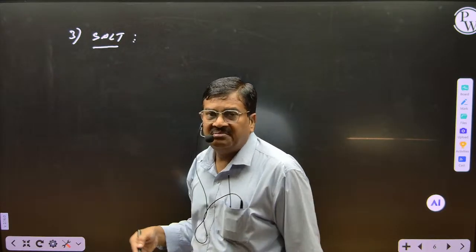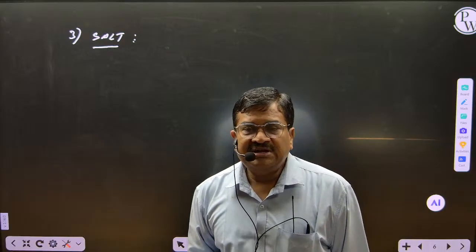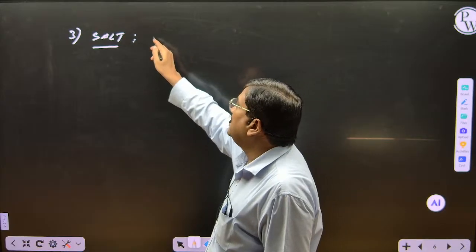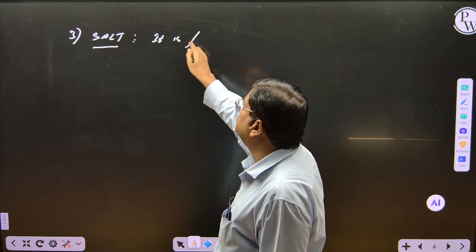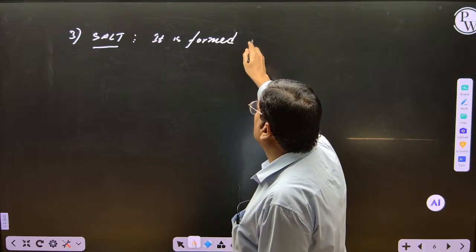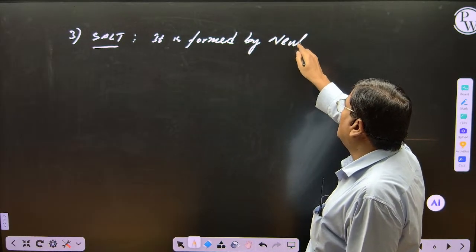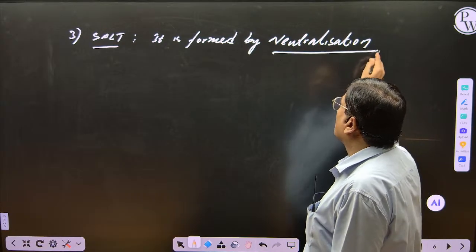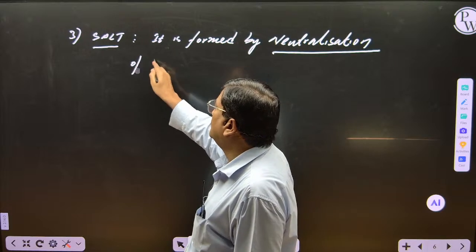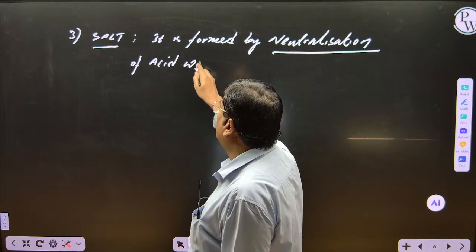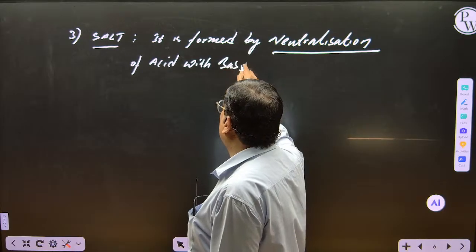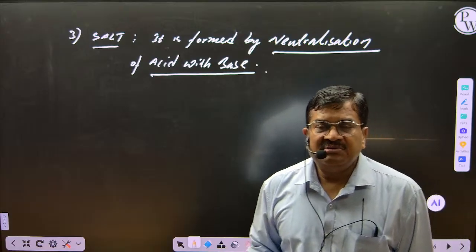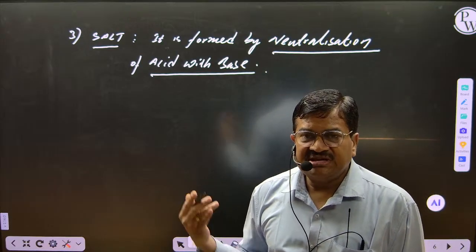A salt is formed by neutralization of acid with base, no? So how will salt be formed, student? Salt will be formed when acid reacts with base. The same thing we wrote.